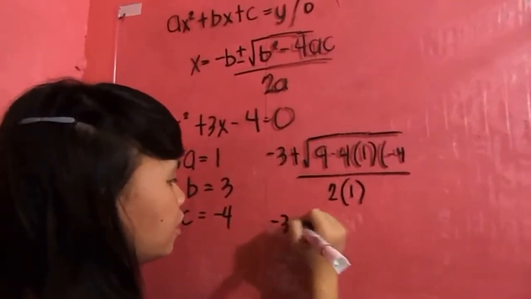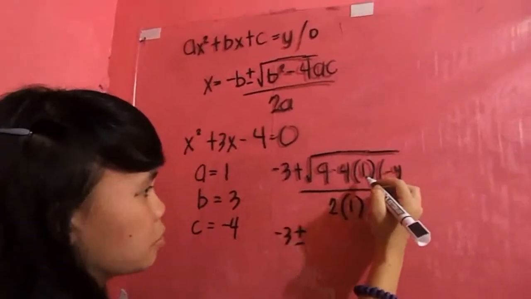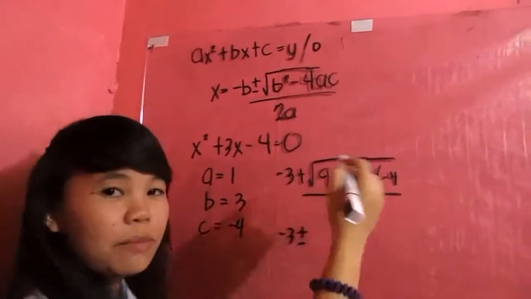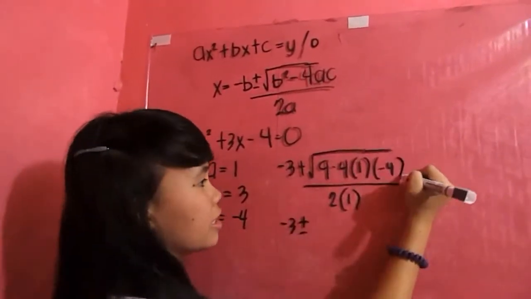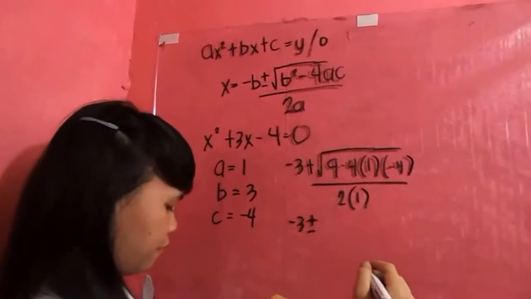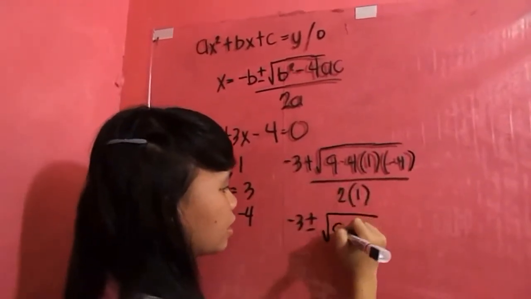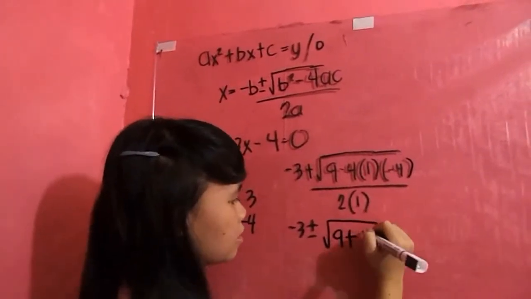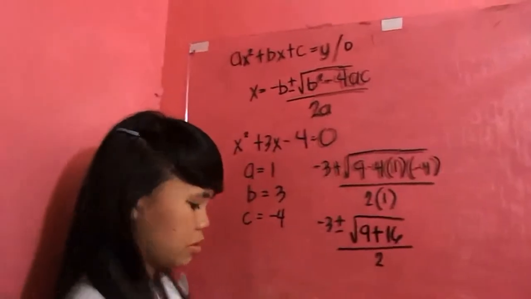Bring down negative 3, positive or negative. Negative 4 times 1 is negative 4, and negative 4 times negative 4 is 16. Now bring down the 9, then plus 16 over 2. 2 times 1 is equal to 2.